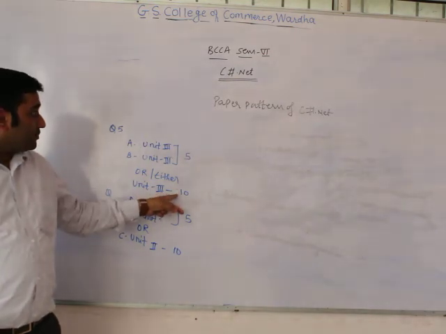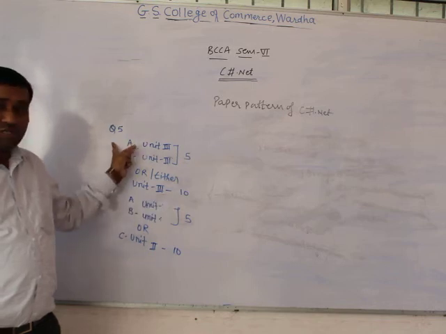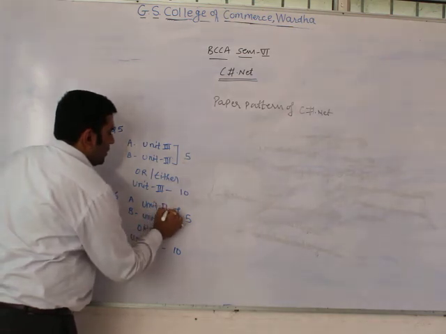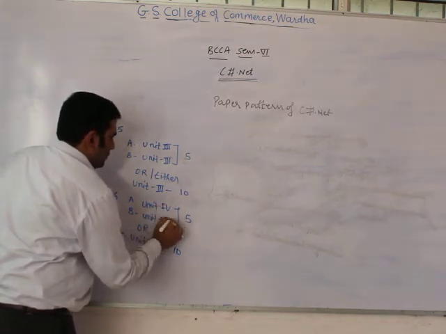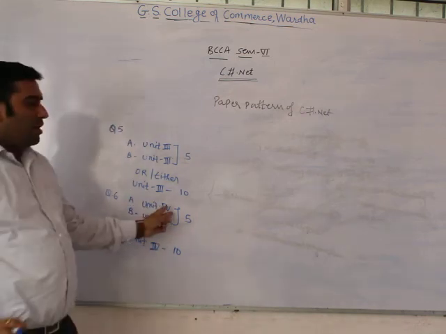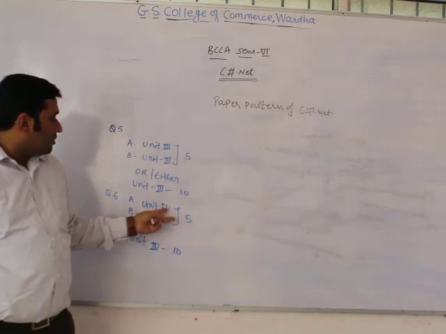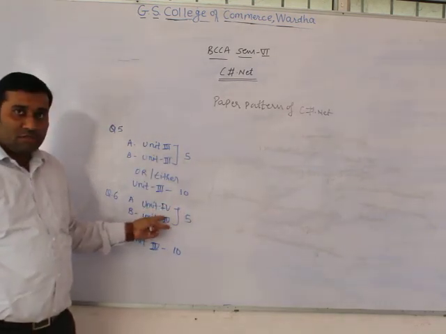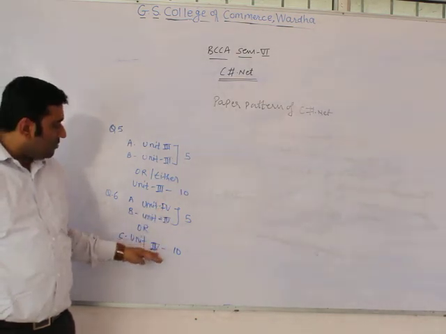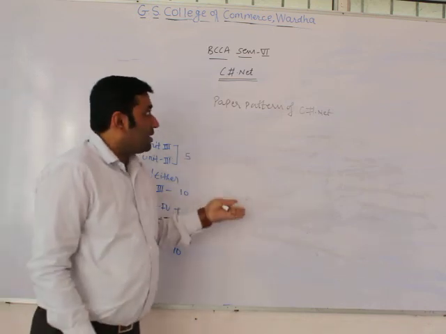Then question number 6 is asking from unit 4. Either you attend the 5-mark questions of unit 4, or you attend the 10-mark question. This is the paper pattern of C#.NET.